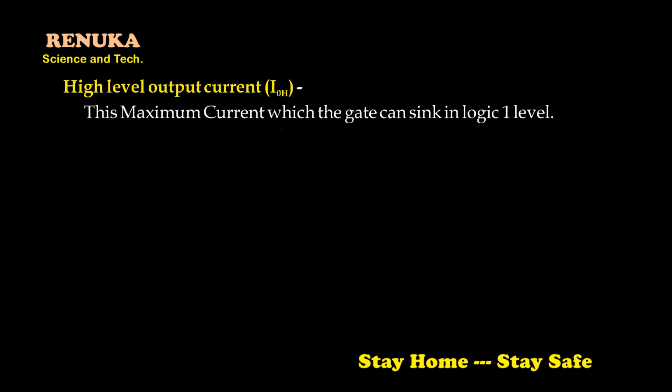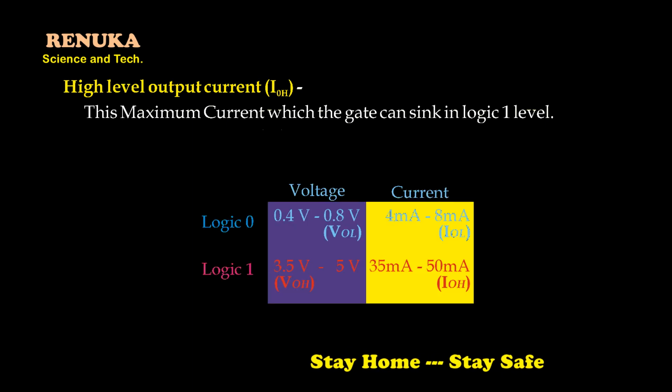Then high level output current, that is IOH. From the right hand side you can see for logic 0 it is 4 milliampere to 8 milliampere, and 35 milliampere to 50 milliampere is the current range for logic 1. The maximum current the gate can sink in logic 1 level is the high level output current.